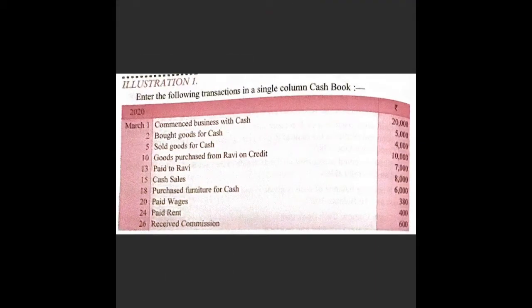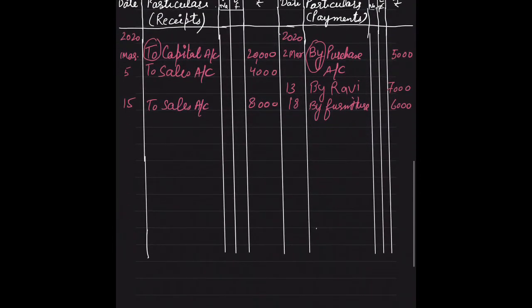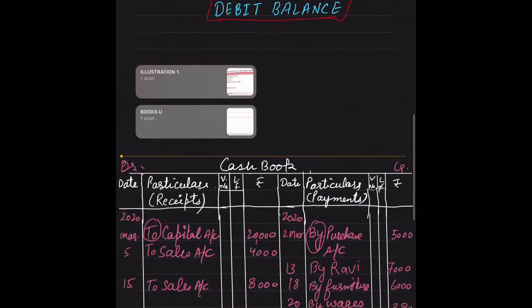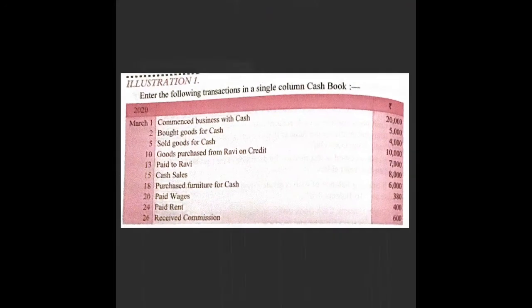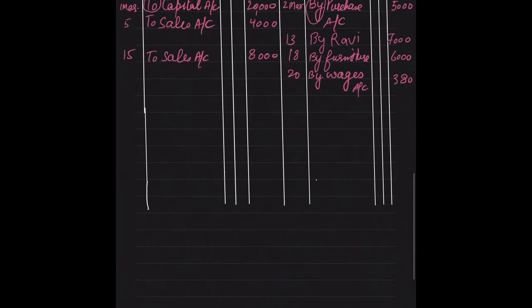6,000. Next is paid wages. Amount is 380. Paid wages, it is also an expense. By wages account 380. The next is paid rent 400.